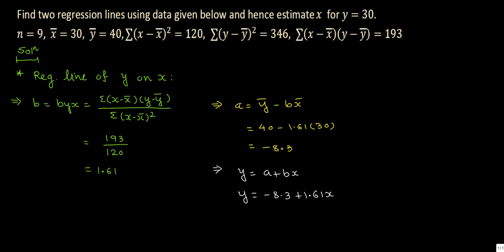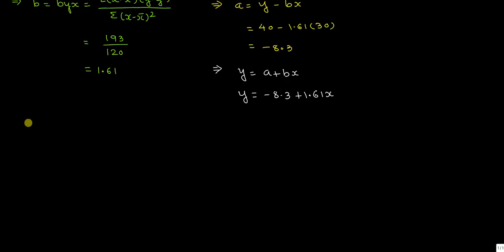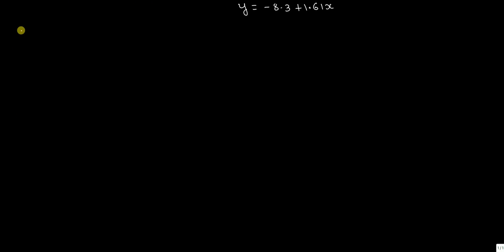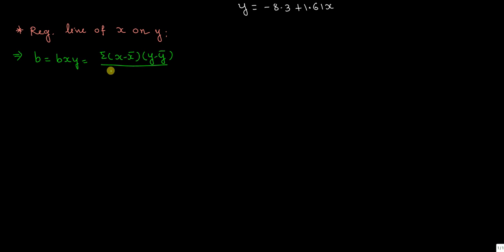Now we are finding our next regression line, the regression line of x on y. First of all, find out b. b is equal to bxy. bxy is equal to sigma x minus x bar into y minus y bar divided by sigma y minus y bar whole square.